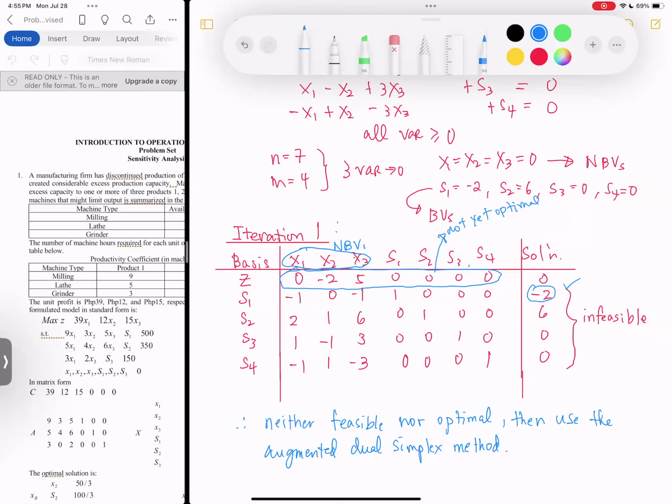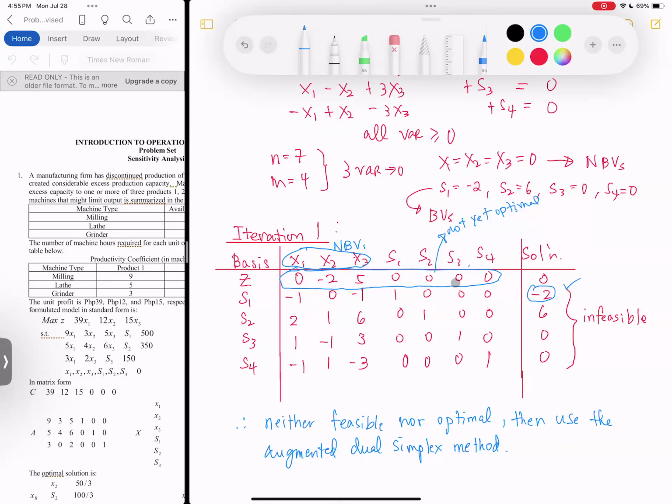Siguro, let's put it this way: the variables that make this row suboptimal. Kasi if you say the variables that could be entering variables, both of these can be entering variables. But we are only after this one, the negative.